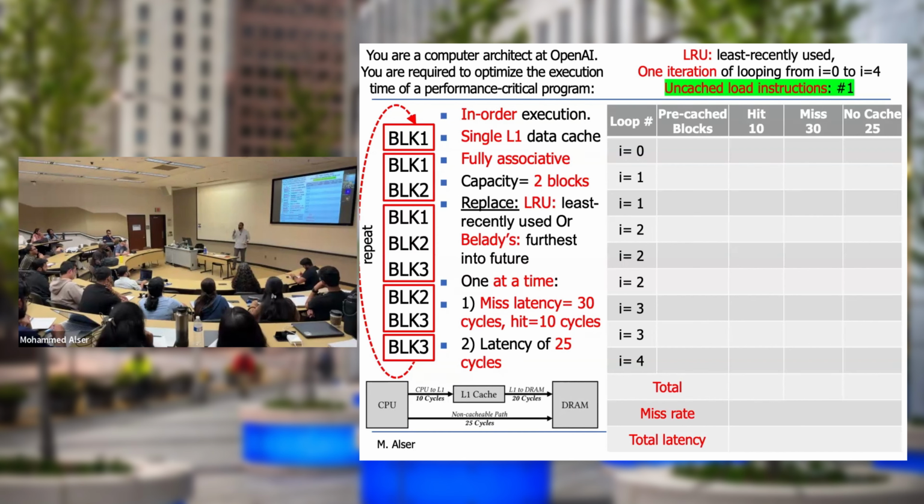In any row, it should be a single one in the last three columns. You should choose a single choice out of these three columns. Either it's a hit or a miss or no cache. It cannot be both of them. Okay, in any row, you cannot choose two columns out of the last three columns. You cannot choose more than one, basically. It's either a hit in the cache or a miss or no cache.